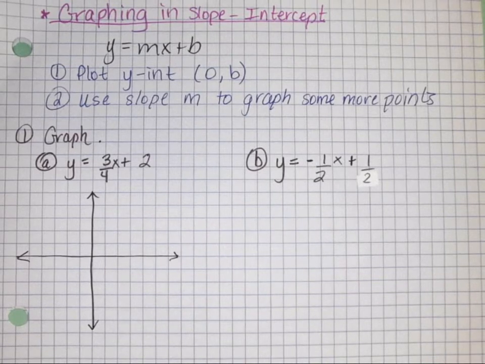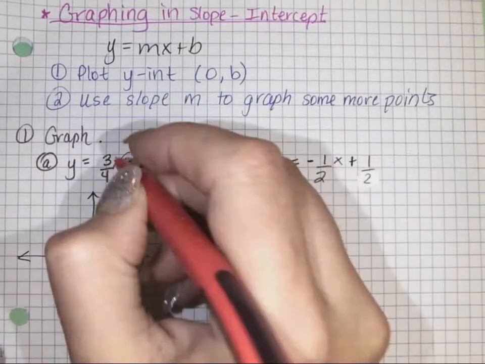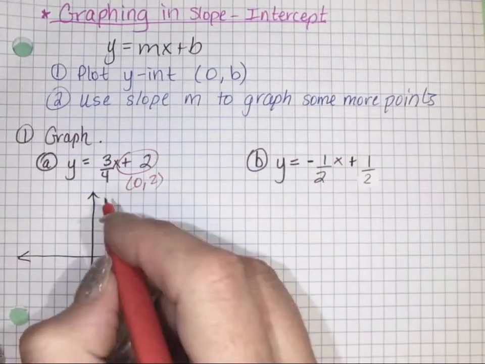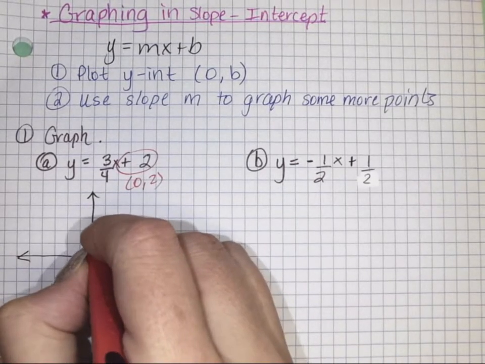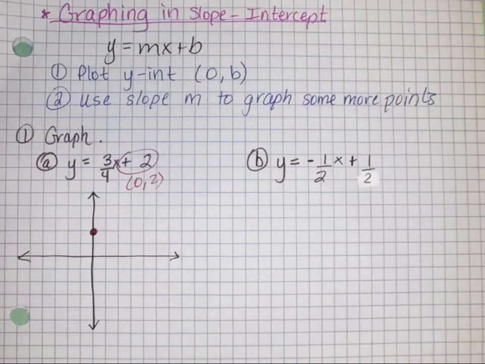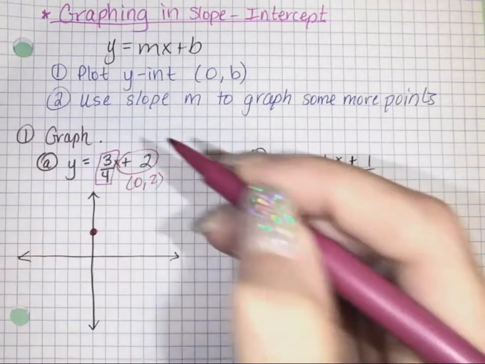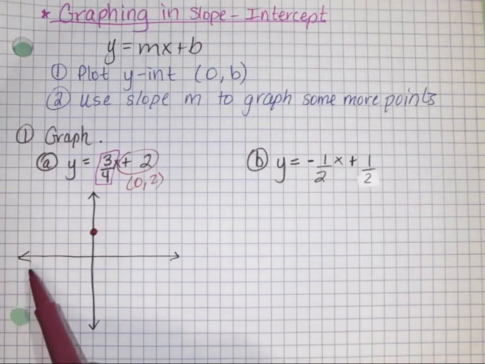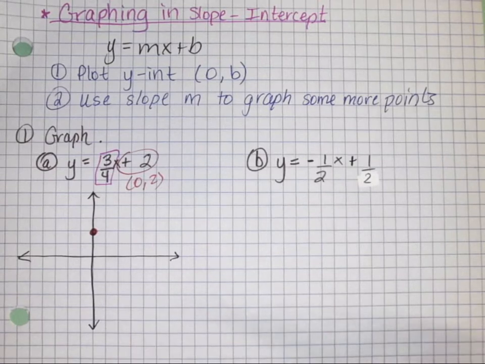So the first thing I'm going to do is plot my y-intercept of (0, 2) on the y-axis. And then I'm going to use my slope, which is positive 3/4. So your line's going uphill.